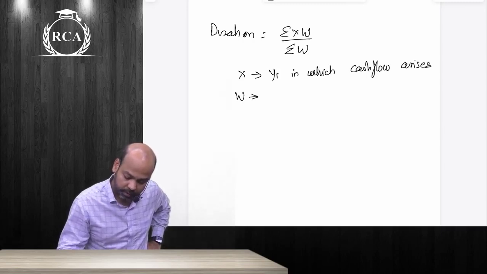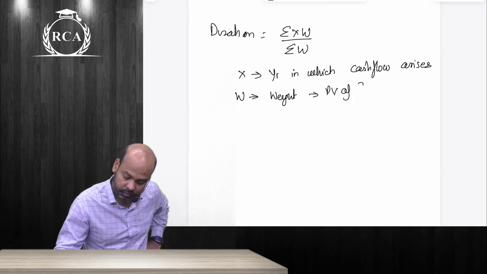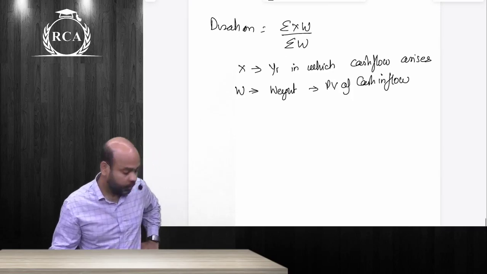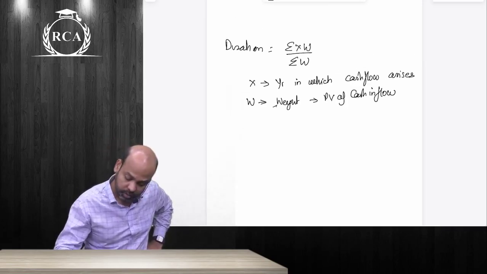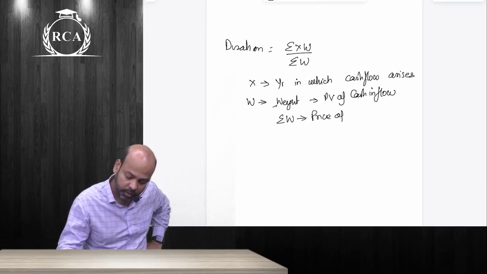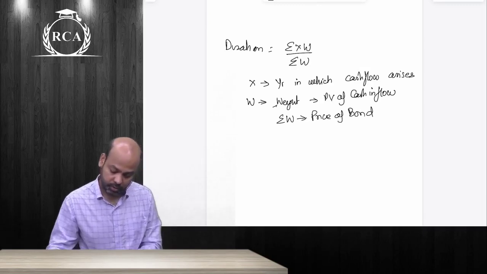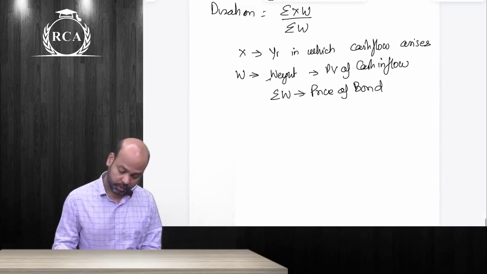W beta is weight, which is the present value of cash inflow. Do not forget, beta, summation of weights will be equal to what? Price of the bond.